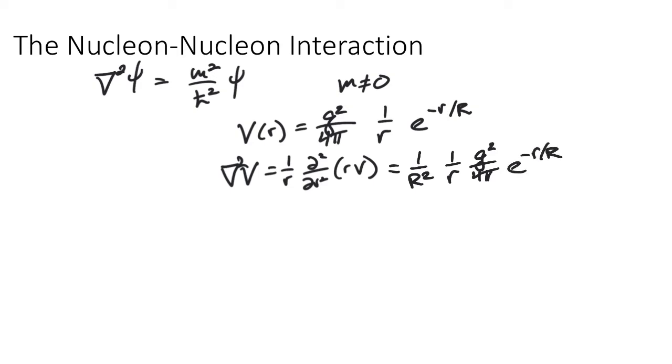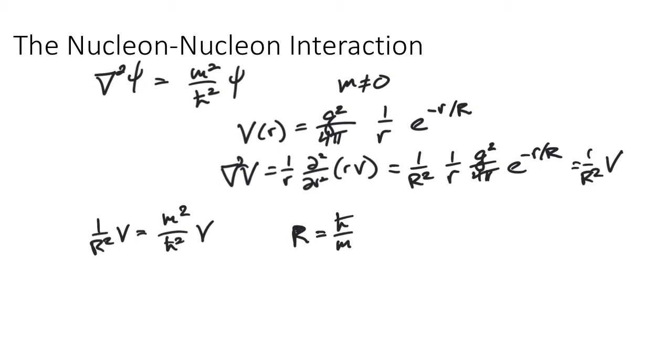And we can rewrite that. That's just 1 over R squared v. So if we then plug back in, we have 1 over R squared v is m squared over h bar squared v. And therefore we have that R must be h bar over m.